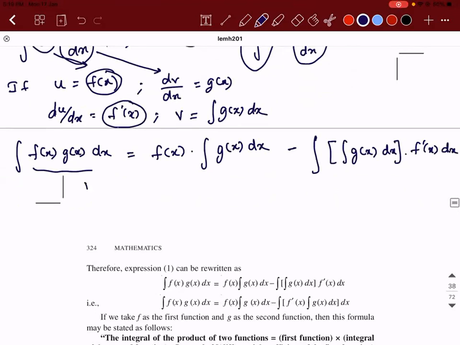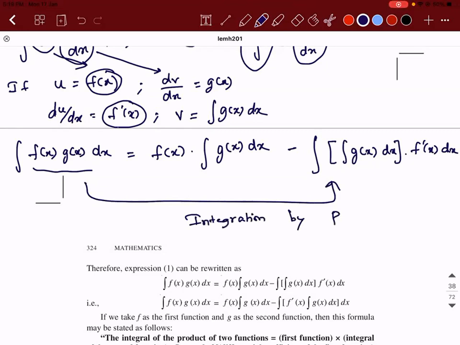Okay, so this is the formula for integration by parts. So if we derive it in the toughest manner possible, this is how the formula will look. But as I mentioned to you, don't worry about the appearance of it. I'll tell you how to solve the problem. Okay, please make a note of it.